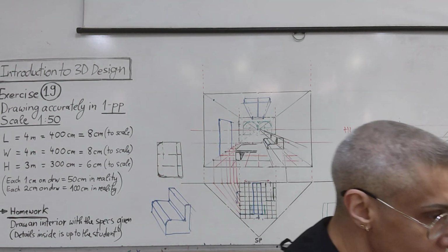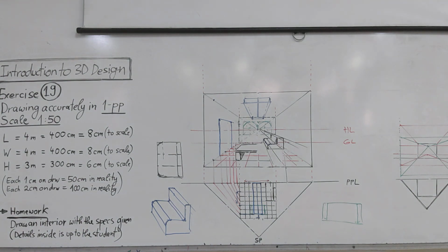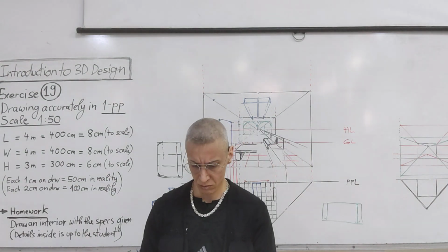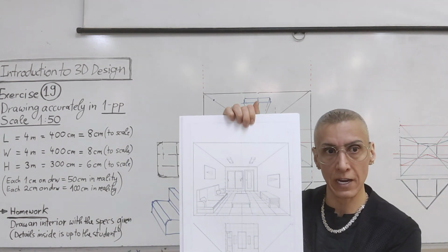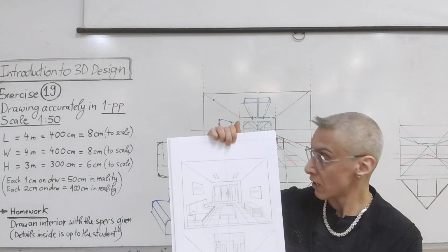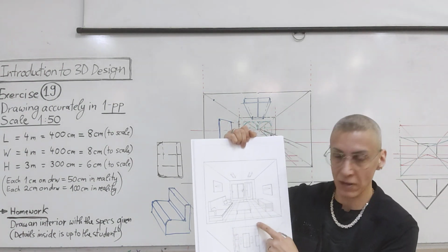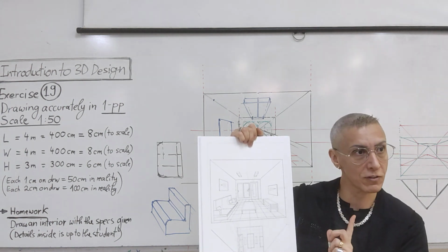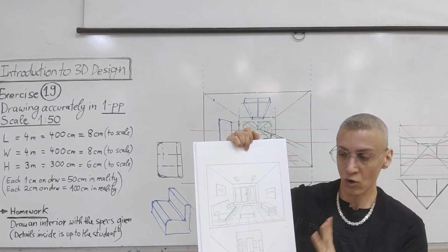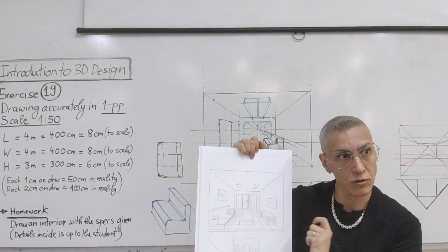Now here, we have some examples that I will put for you of students' interior drawings. So, basically, everybody will have the same, because we will do the same measurements, 8 centimeters by 8 with 6 centimeter height. These students did the same room, okay? So, the construction will be here with the 90 degree, 45, 45.